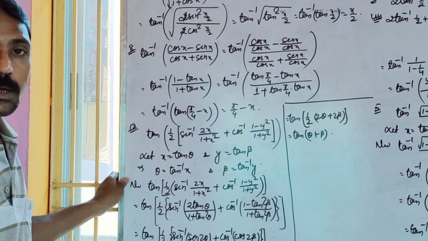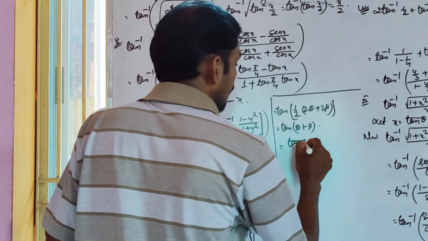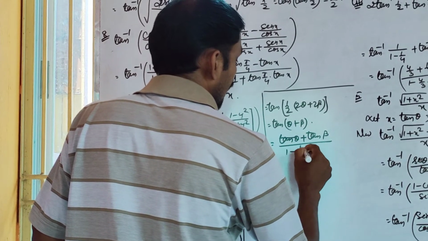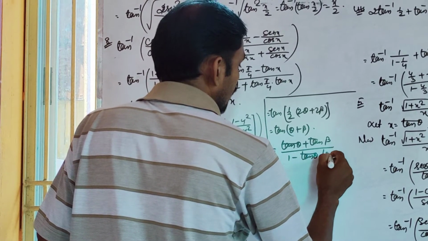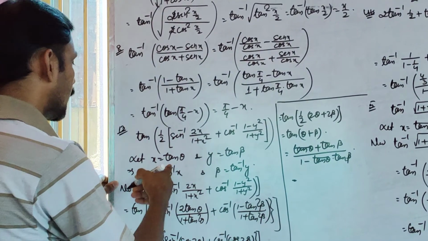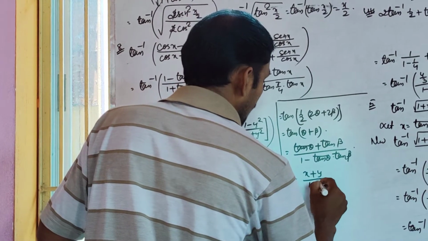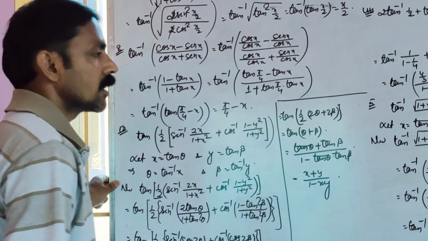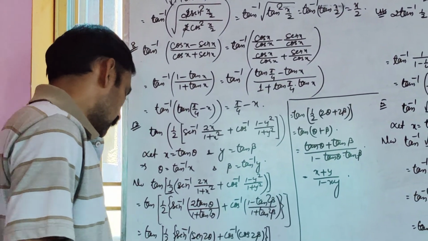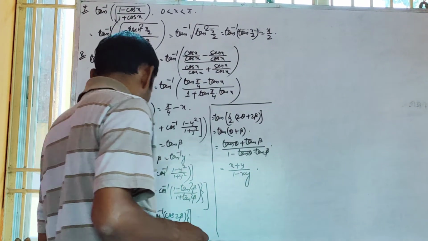Now I will use the tan a plus b formula, so it is tan theta plus tan beta by 1 minus tan theta into tan beta. Now what are the values of tan theta and tan beta? x and y, so it is x plus y by 1 minus xy. This is the value of this. Now question number 14.